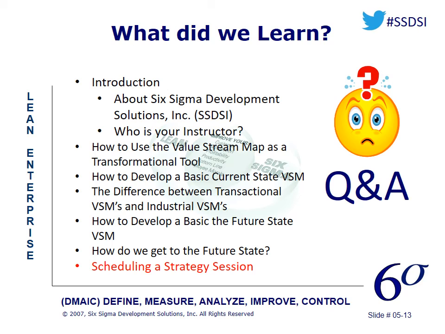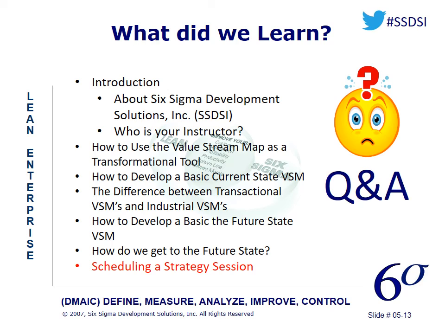And again, a value stream map is not a process map. It's tracking one thing. It's tracking a part, a transaction, a service through the value stream in the process. Okay, we taught you how to basically develop one.